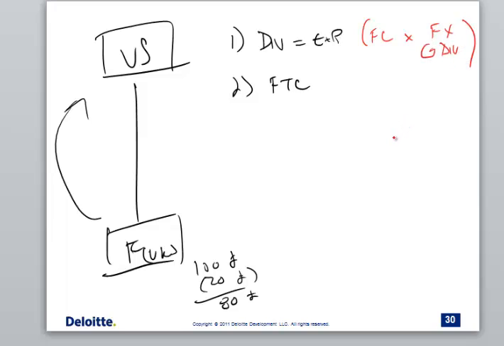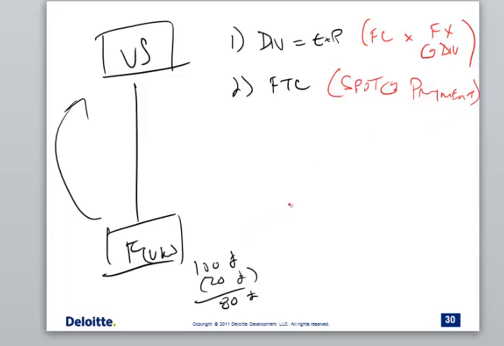So you would say that £80, I'm keeping it in £80, and whenever that £80 comes up, it's taxable to me in the US as a dividend at £80 times whatever the pound-dollar exchange rate is at the date of the dividend. Okay? But my foreign tax credit is translated to dollars at spot, at payment.